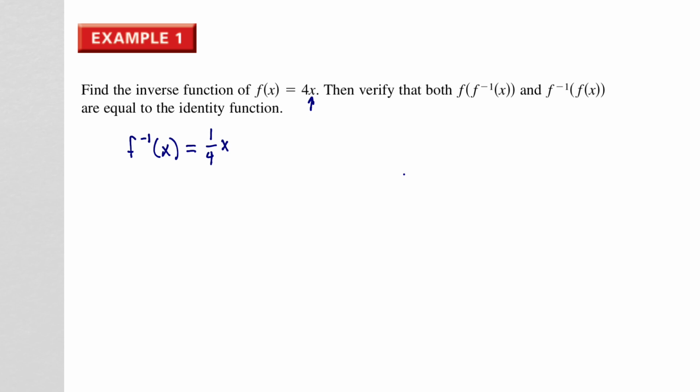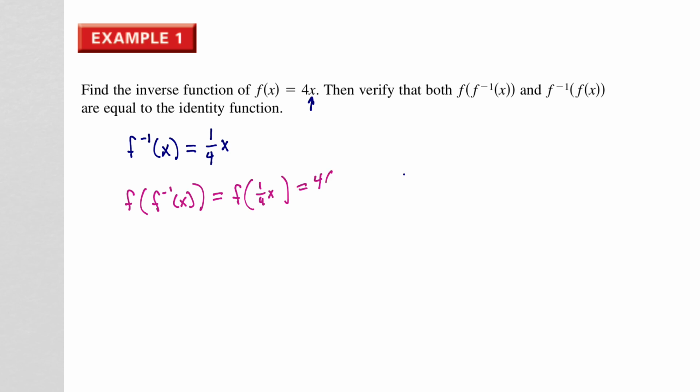So the way we're going to test that is by composing in both directions. I'm going to start with f of f inverse of x. So this is f of 1/4 x. Now I'm just replacing the x in f with 1/4 x.